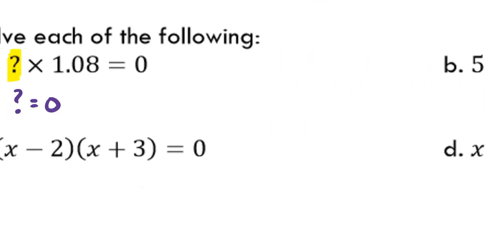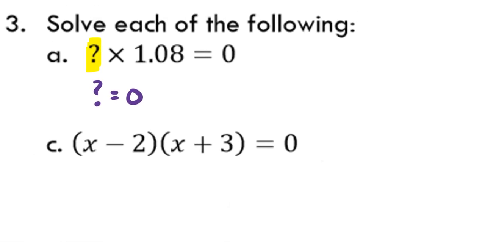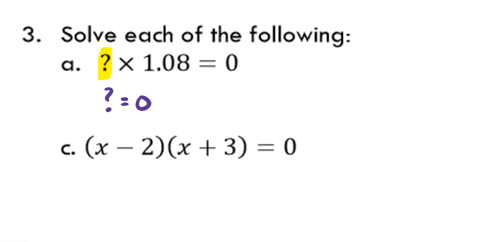One more example, we're going to look at C, which has two factors in what we call factored form. So x minus 2 is a factor and x plus 3 is a factor. X minus 2 is like our a term, and x plus 3 is like our b term that we were looking at above.